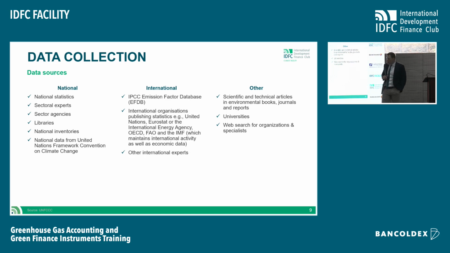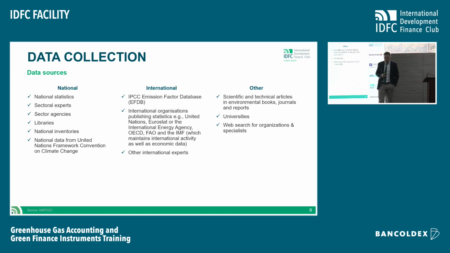On the international level, obviously the IPCC emission factor database, there is a website. If you Google IPCC emission factor database, you can enter and see emission factors there. A very good source of data very often is the World Bank database about sector emission or energy intensity, for example.